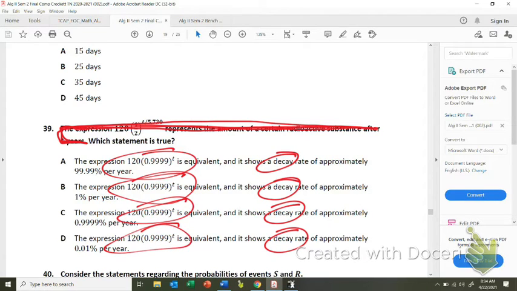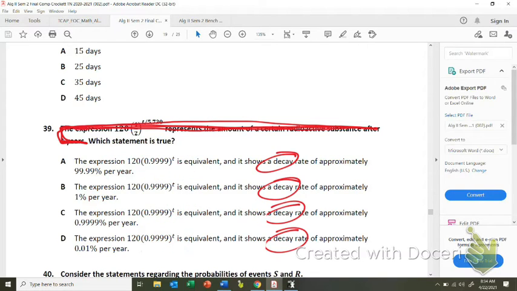What is the only thing that's different in all of these choices? The percent, right? We are looking for a percent where we are decaying. 99.9%? You think you're decaying at 99.9%? That's pretty close to 100, so I don't think we're decaying there.